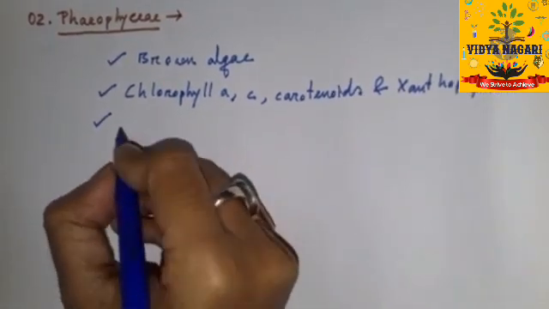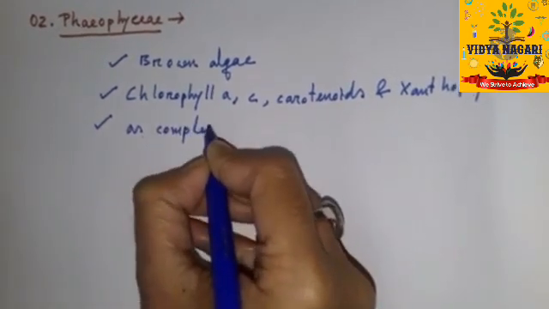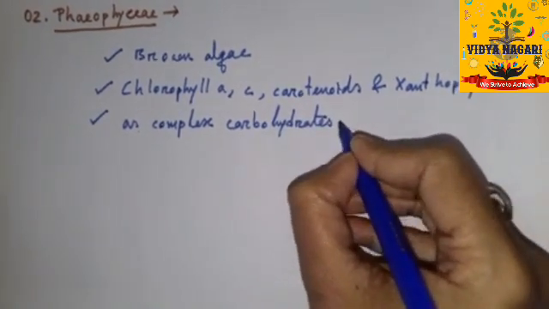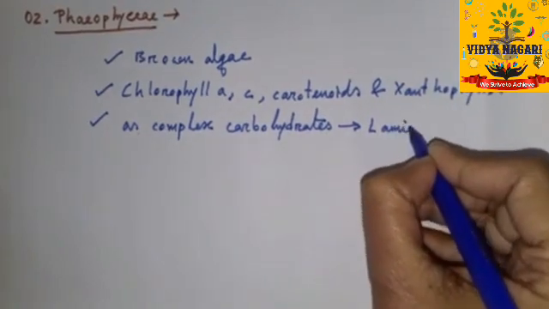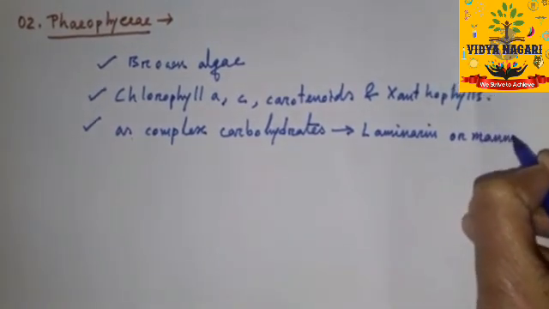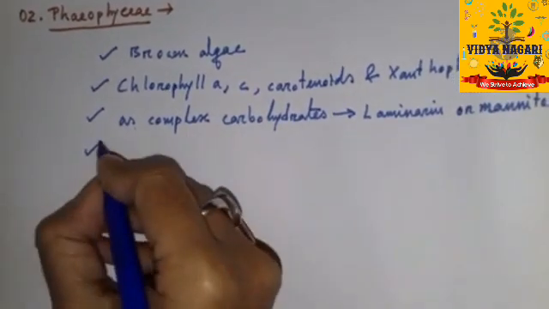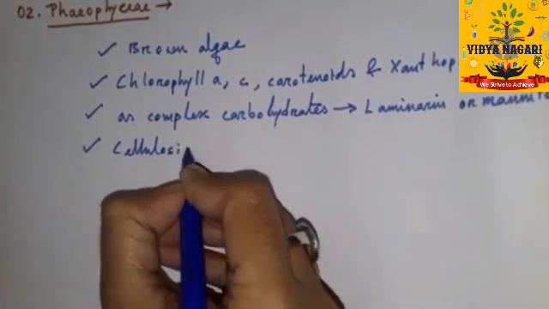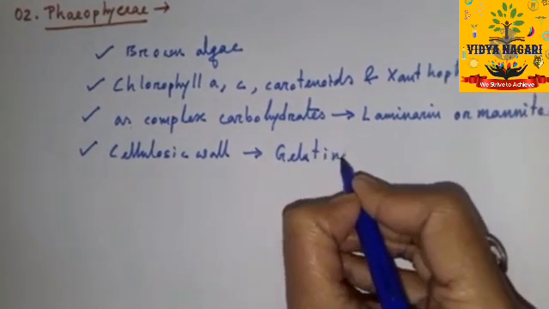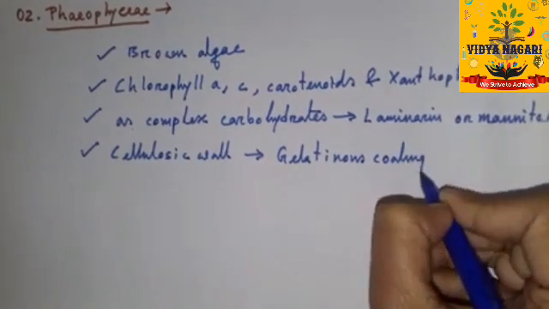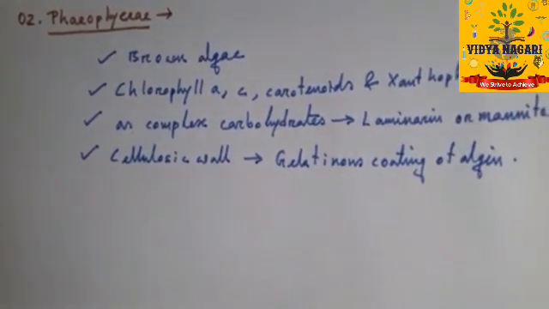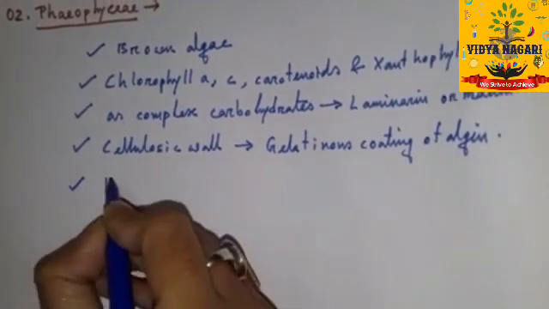And they store food as complex carbohydrates in the form of laminarin or mannitol, and they have a cellulosic wall which is covered by a gelatinous coating of algin, and they are attached to the substratum by a holdfast.